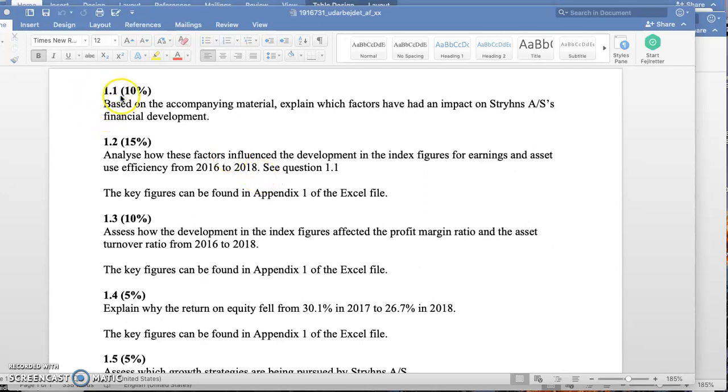So in the first part, based on accompanying material, explain which factors have had impact on Strøen AS financial development.